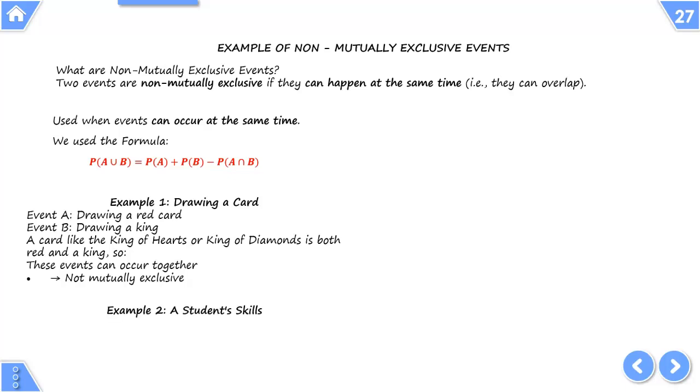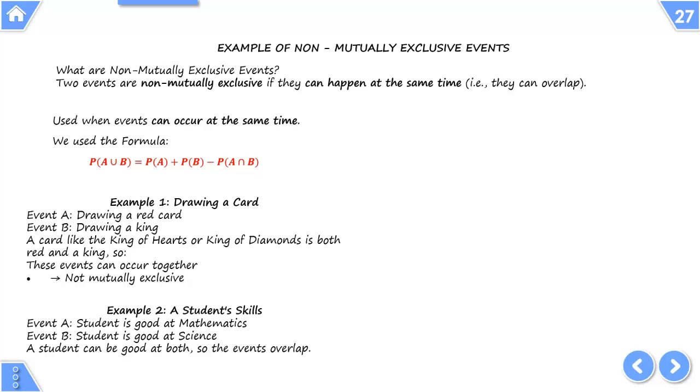Let's look at another example. A student scale. Event A, a student good in mathematics, and event B, a student good in science. You can select a student who is good in math and good in science at the same time, so it's also called non-mutually exclusive. It can overlap. In a draw, two things can happen at the same time.